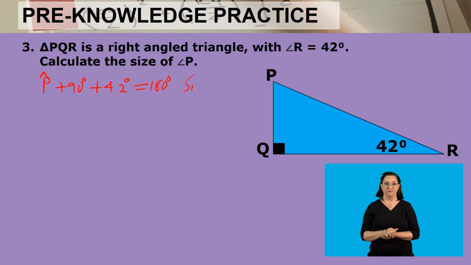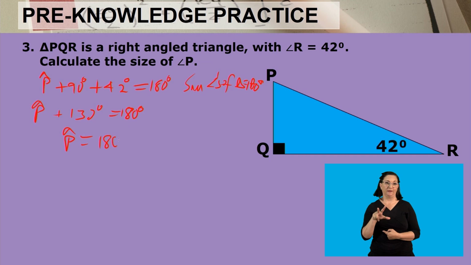And that is the sum of angles of a triangle equals 180 degrees. And therefore, angle P plus 132 degrees equals 180. And therefore, angle P equals 180 minus 132 degrees. And therefore, angle P equals 48 degrees.